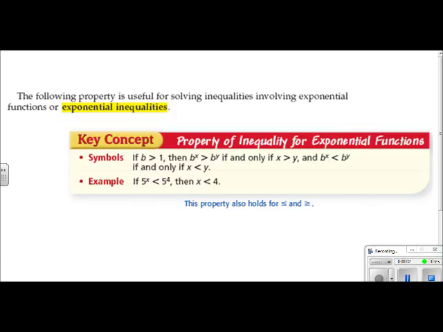So, for example, if 5 to the x is less than 5 to the 4, then x has to be less than 4. So think of an example when that would work. Let's say x equals 2. 5 to the 2 is less than 5 to the 4 because 2 is less than 4. Which works out because 5 to the 2 is actually less than 5 to the 4 and 2 is actually less than 4.